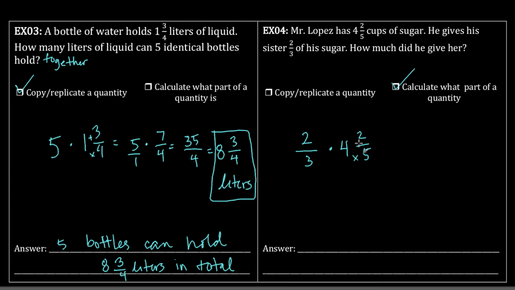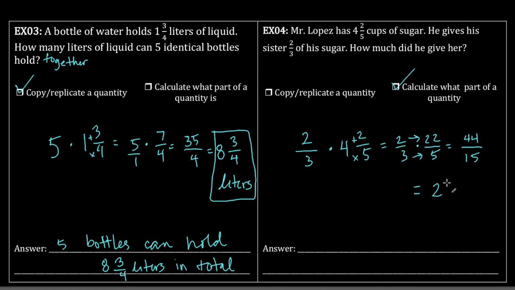That's just the Texas method. So 5 times 4 is 20 plus 2 is 22 fifths, because we keep the same denominator. 2 times 22 is 44, and then we get 15 because we multiply across. How many wholes can we pull out? 2.